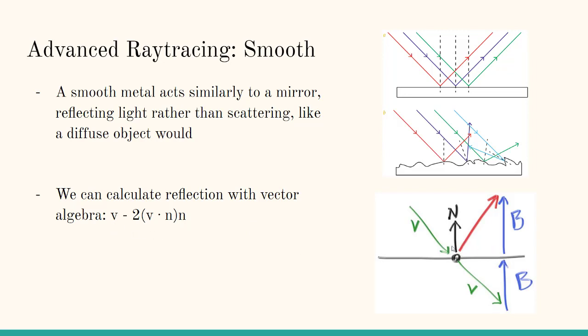I won't do too in-depth of an explanation of that, but essentially we can use this B vector and kind of imagine multiplying this ray of light down into the object and then adding back in the vertical factor that it was lost by using the norm, which is just a unit vector in the upwards direction. So to calculate this red vector out here, which is our reflection, which is the thing that we're looking for, all it takes is adding up all of these vectors to get that.